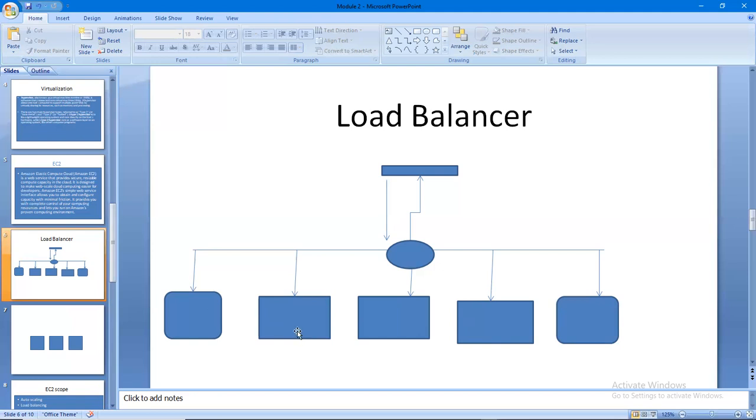That means the already running instances have the same application and everything. That is why you take a snapshot, and if it's a database, you take a snapshot too. That is the meaning of auto scaling and elastic load balancing.